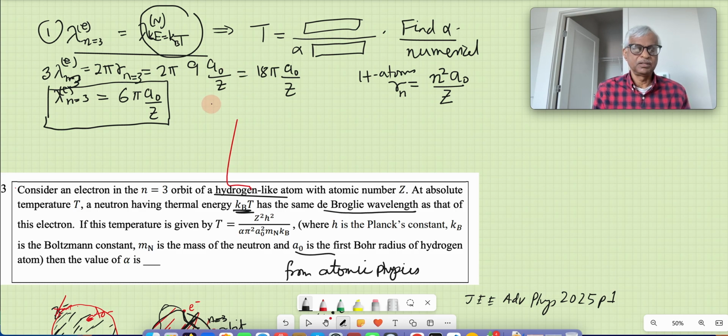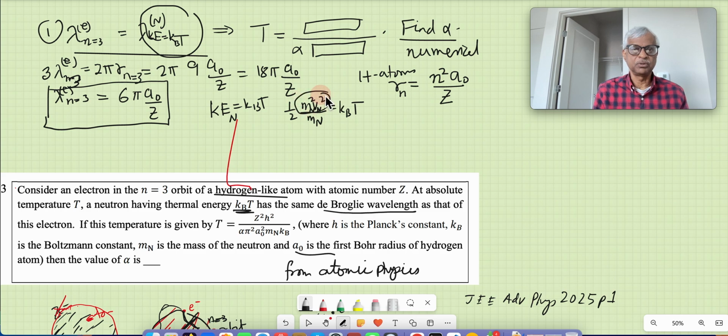Well, I have kinetic energy equals kBT of this neutron, and kinetic energy is going to be half m vn square equals kBT. You can write this down, multiplying by m of the neutron.